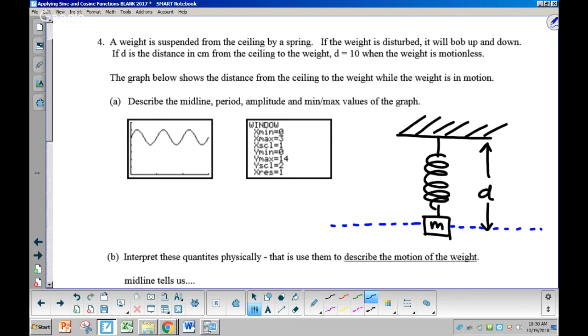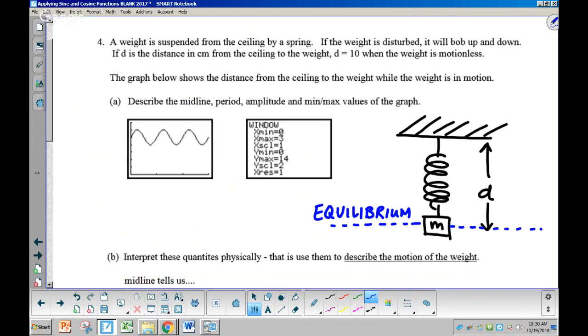It moves from equilibrium. The midline, yes, equilibrium is the midline. Does that make sense to everybody? Did I spell that right? Okay.